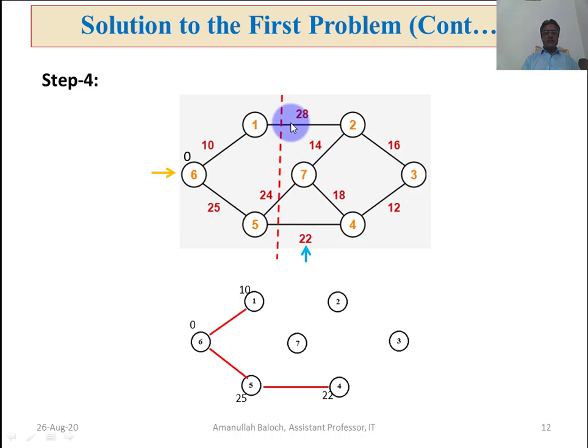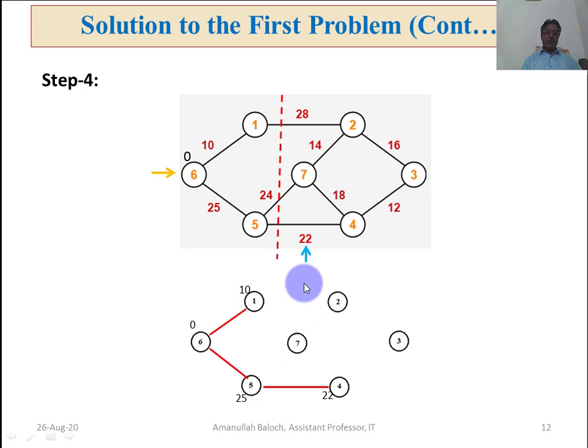These 4 edges are under the cutting edge. So the lightest weight among these edges is 12. So 12 will be selected, and from 4 to 3 we will construct this edge and make it part of the tree, and the key of node 3 will become 12. Key of 3 becomes 12, and this node has been selected.